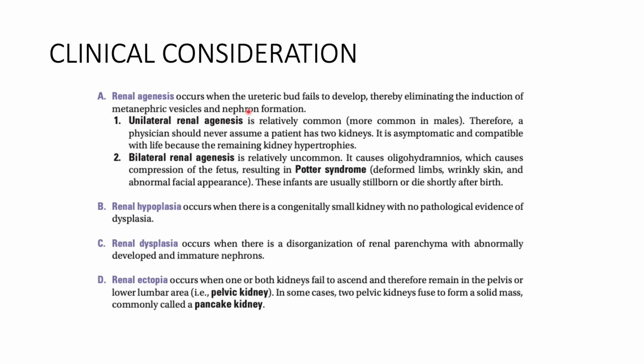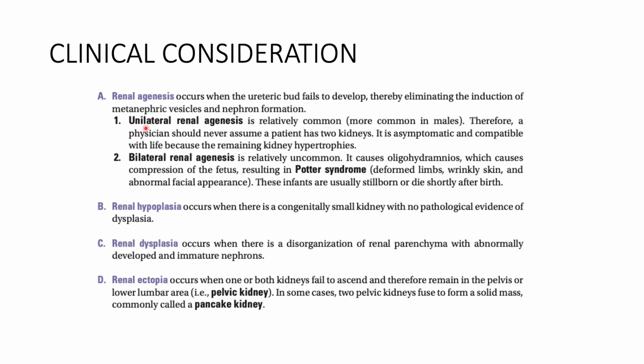So if the ureteric bud does not form, then that induction on those tissue caps to form the S-shaped vesicle, which will later differentiate to form the Bowman's capsule, which will be invested by glomeruli, will not form.